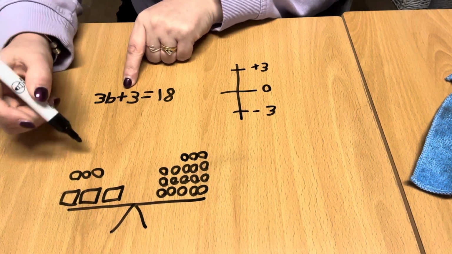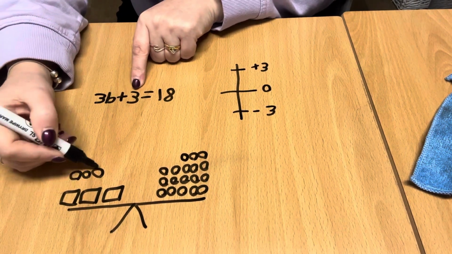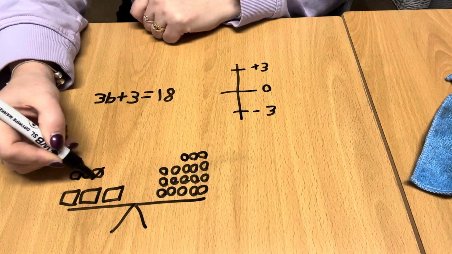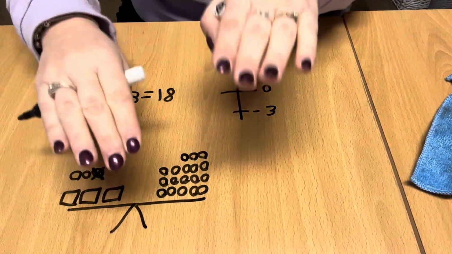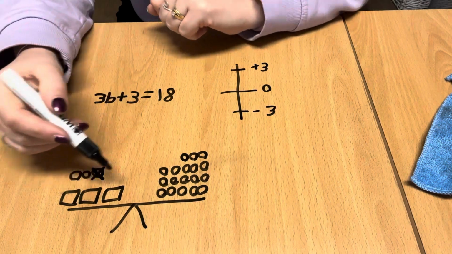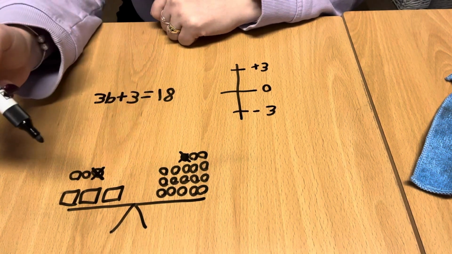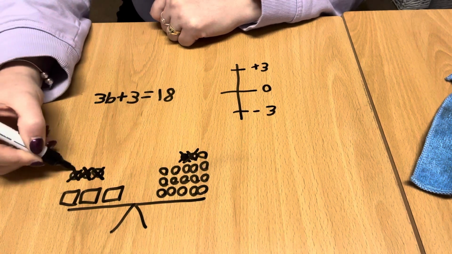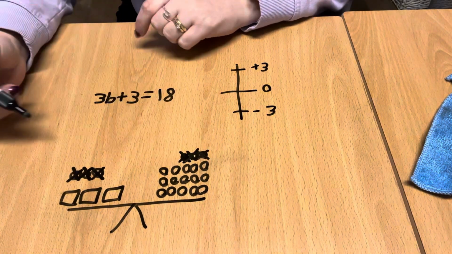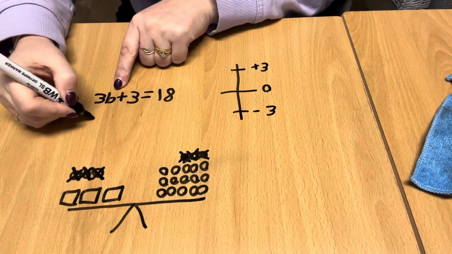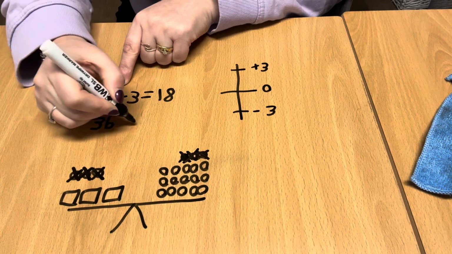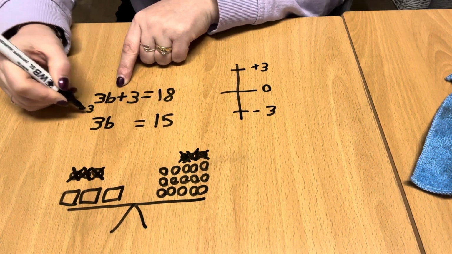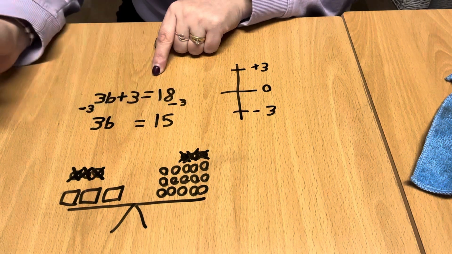So with this, the first job is to get rid of the 3 additional counters. Remember, we have to keep it balanced. If I get rid of one this side, to avoid it being unbalanced, I've got to do the same on both sides. Every time I get rid of a counter, I get rid of a counter the other side. So now I'm left with 3B is equal to 15, and I've subtracted 3 on both sides to keep it balanced.